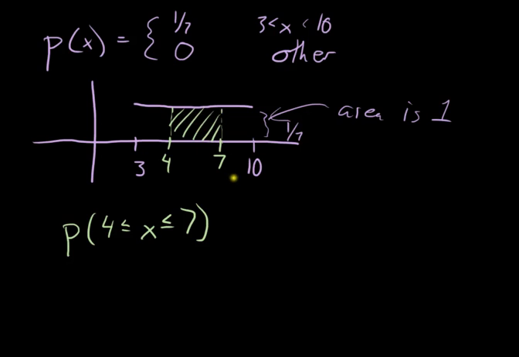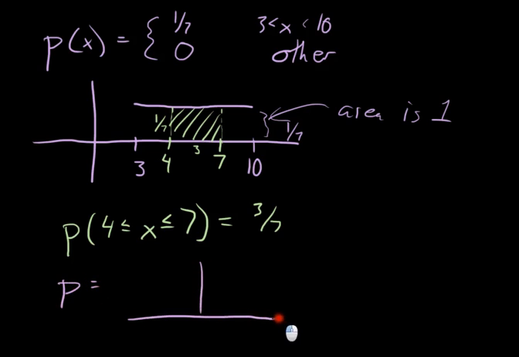It's whatever the area of that box is. Again, the height of this whole box is still 1/7. The base here from 4 to 7 is 3, so this would be 3/7.